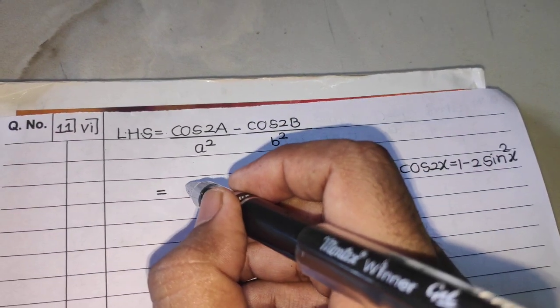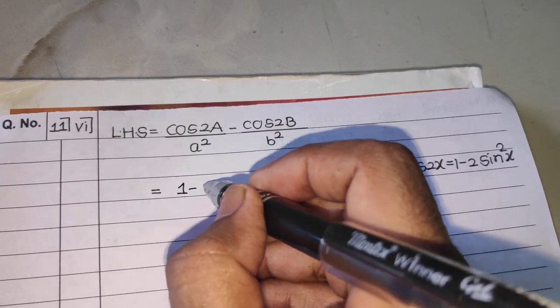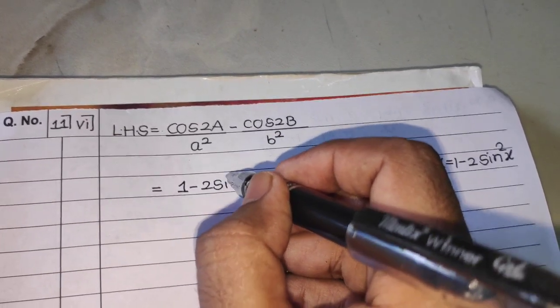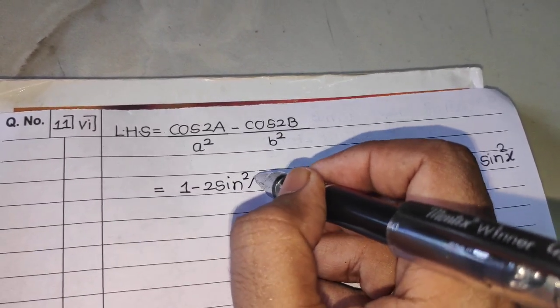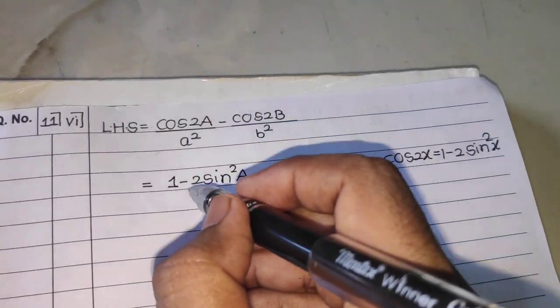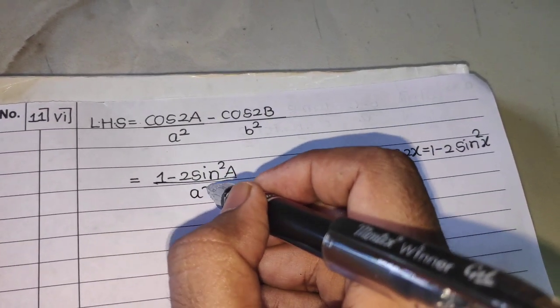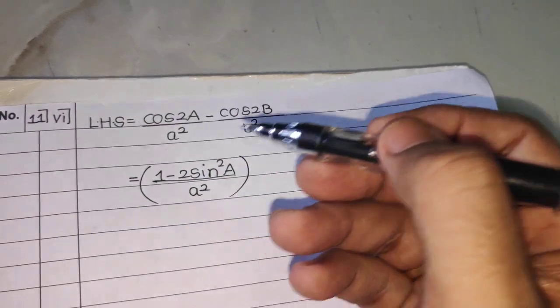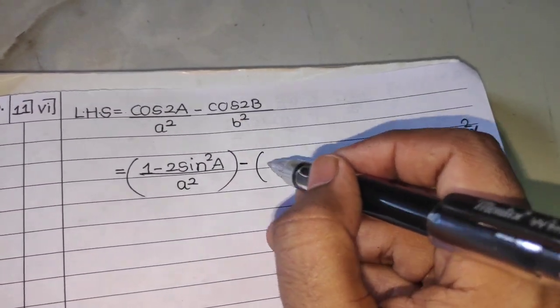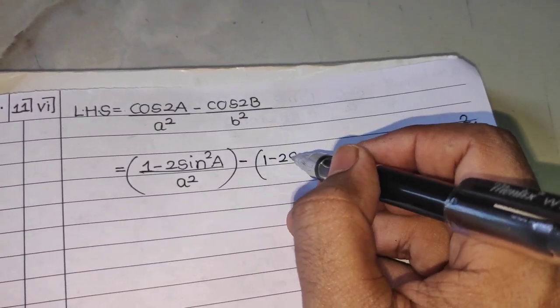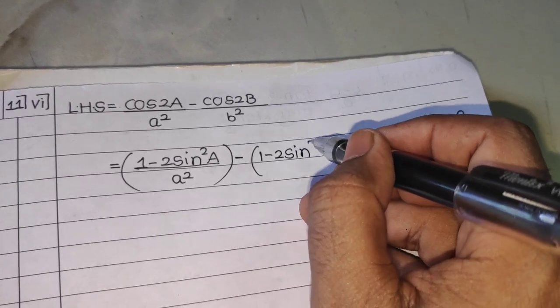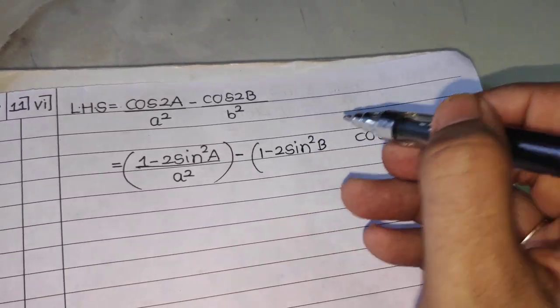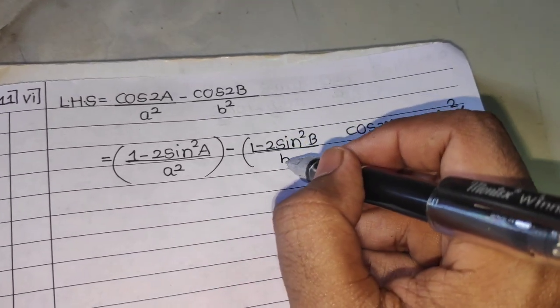So cos 2a can be written as 1 minus 2 sine square a, the whole divided by a square. What about cos 2b? 1 minus 2 sine square b upon b square.